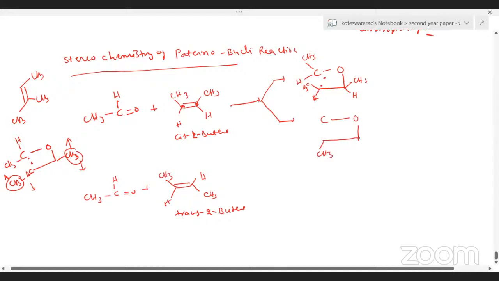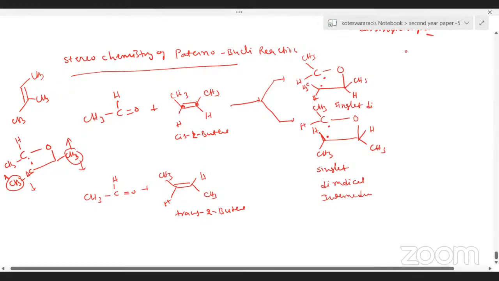Both methyls are arranged below the plane, and the hydrogens are above. These are the orientations shown by the intermediate. This is a singlet biradical, and this is also a singlet diradical intermediate.